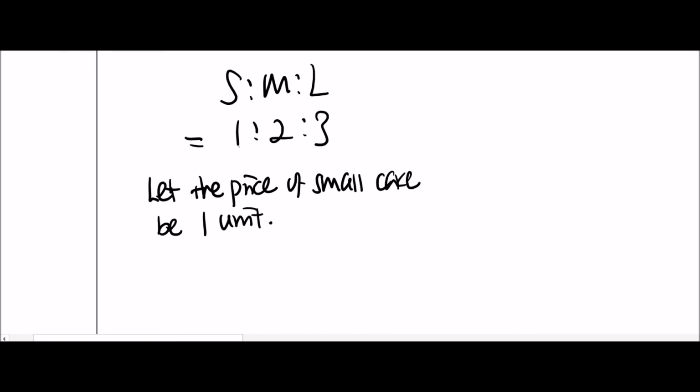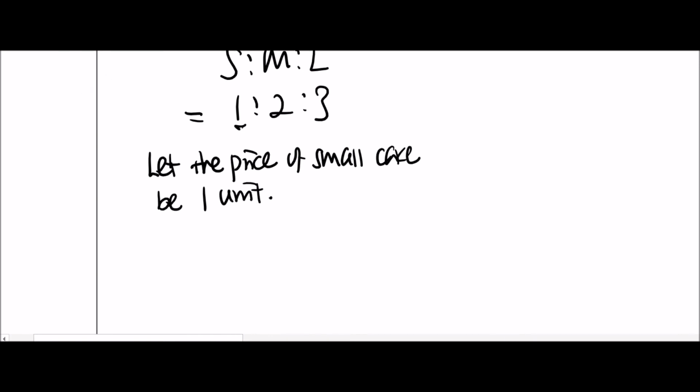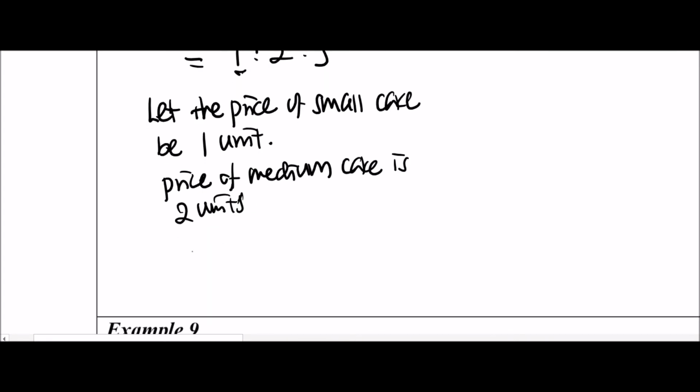If that's the case, then the price of the medium cake should be 2 units. And lastly, the price of the large cake should be 3 units.